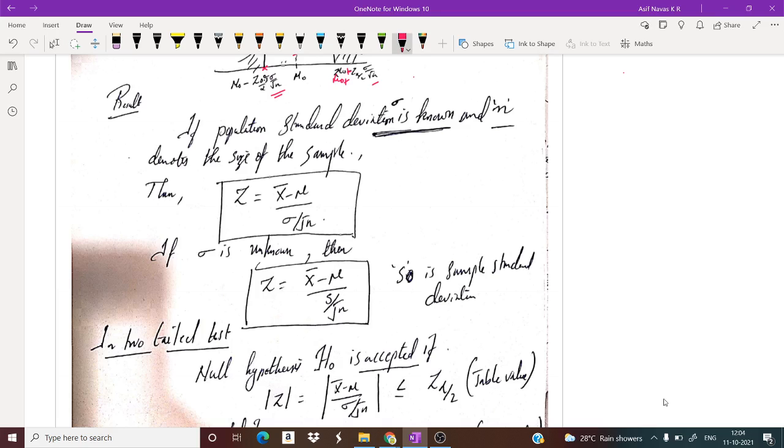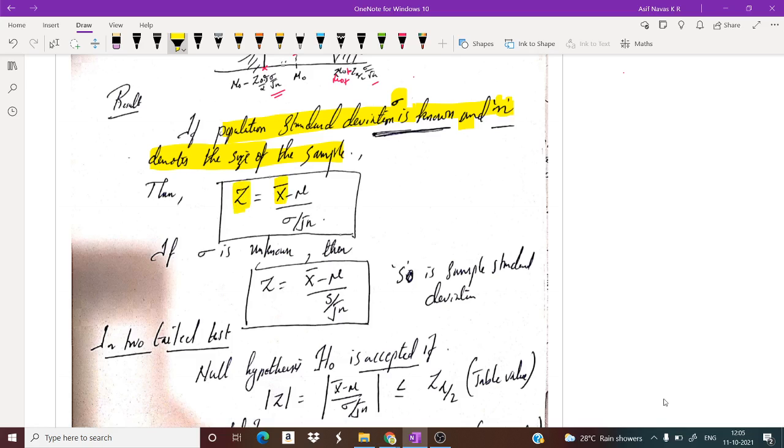Suppose our population standard deviation is known and it is sigma, n denotes the size of the sample, and the sample size is very large, then we can use this test statistic. We take z equal to x bar.